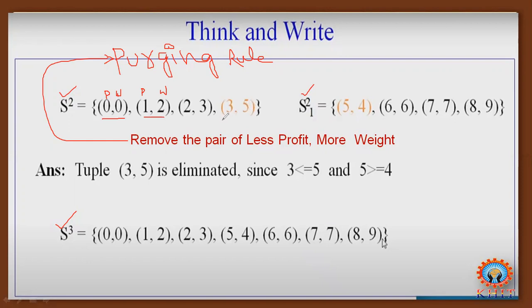Next, if you consider the pairs (3,5) with (5,4), this is profit and this is weight. The profit is increased and the weight is decreased. So this rule is applied here. Profit is less, more weight.